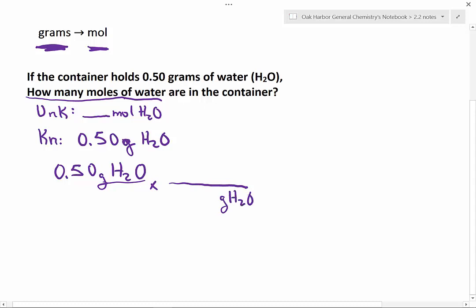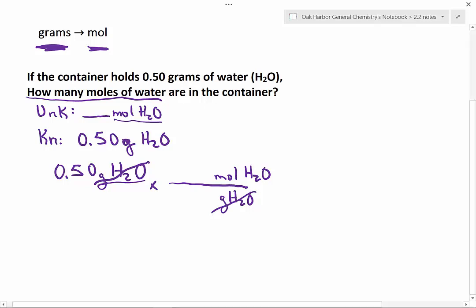And the new unit that we want to come out with at the end of the problem, we're going to put on the top where it won't cancel out. And we're going to have moles of H2O. So this unit and this unit will cancel out because they're the same upstairs and downstairs.